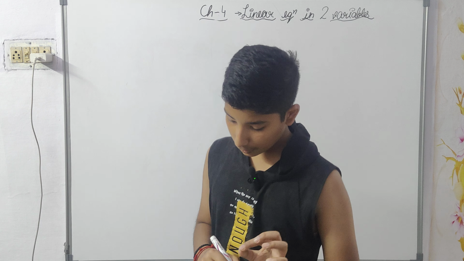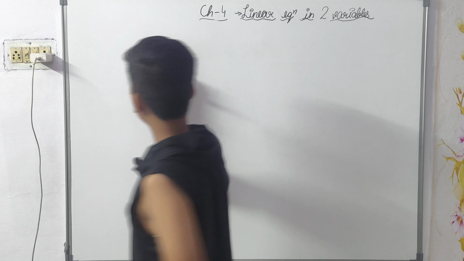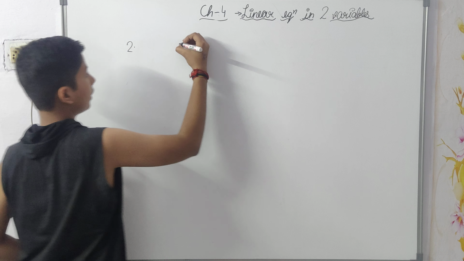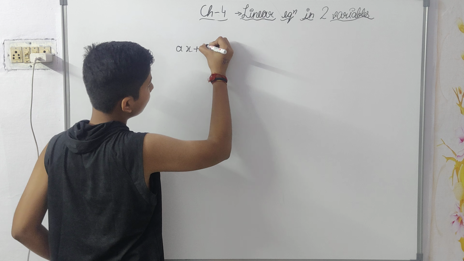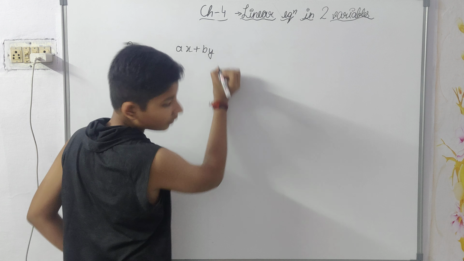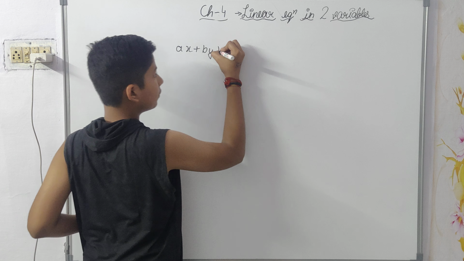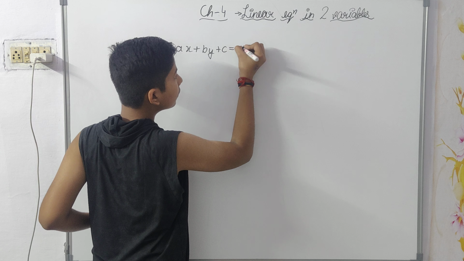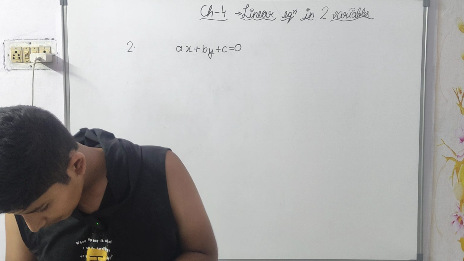Okay, so now it is saying that you have to write the following equation in the form of ax plus by plus c equals 0 and tell the values of a, b, c.